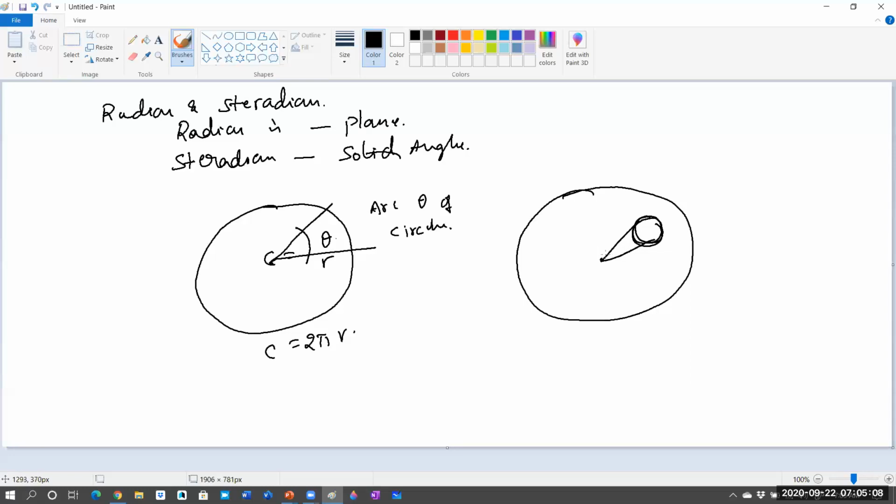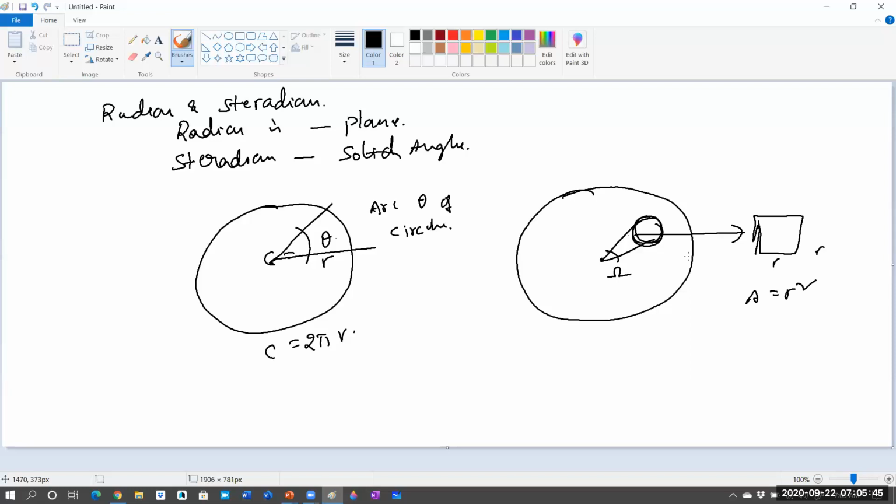Then this angle is known as a steradian. So here area equals r square. This completes the three-dimensional picture. Suppose a radius r, so the area of this one is r square. This is the difference between a radian and a steradian.